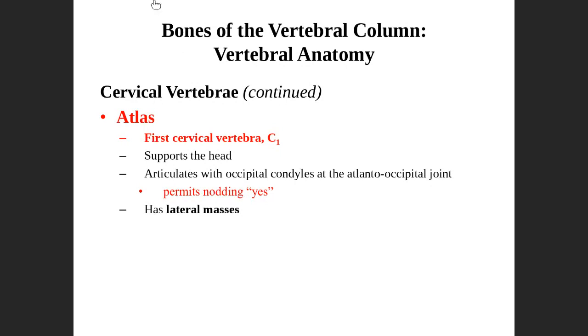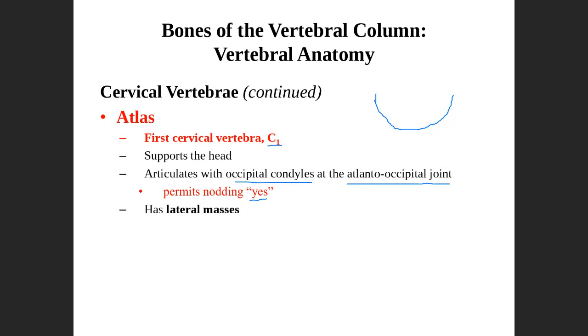They're a rounded structure, so they look kind of like this. They hang down off of the occipital bone, just like that. When the occipital condyles articulate with C1, they form what we call the atlanto-occipital joint. And it's responsible for flexion and extension of the neck, which is nodding your head yes. Yes, dear, yes, dear. That's what it does.